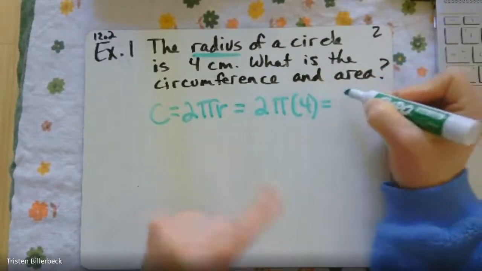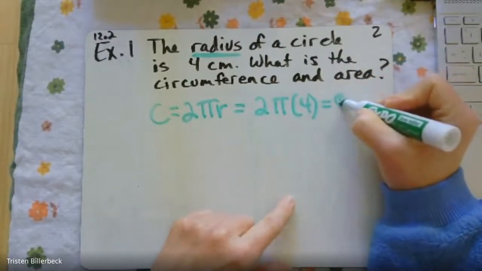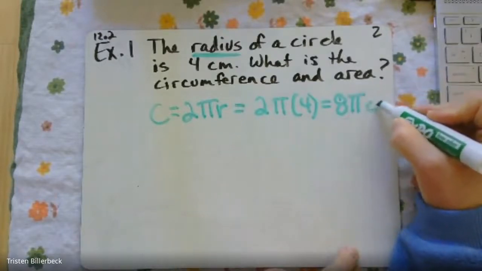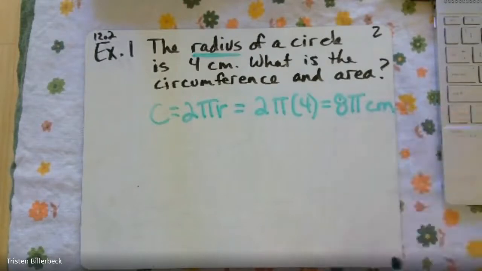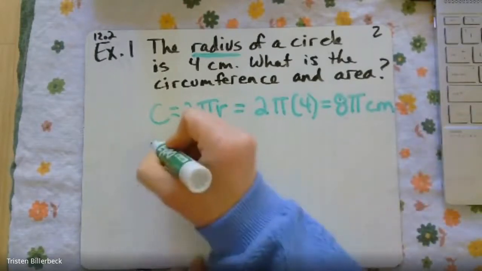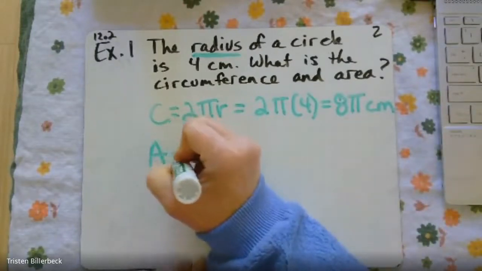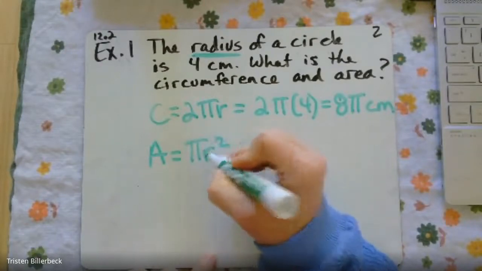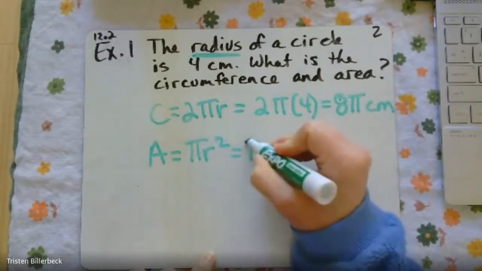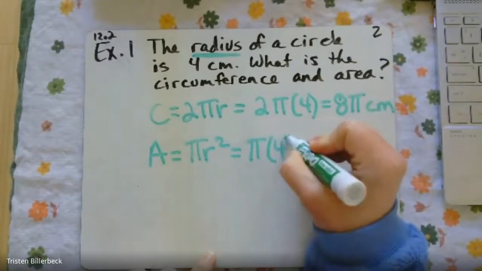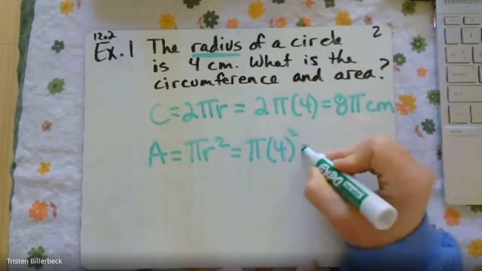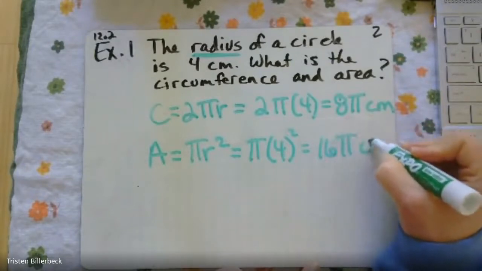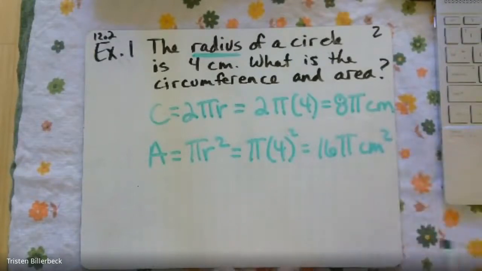So if we want to leave this in terms of pi, which many times questions ask you to do that, you just write 8 pi centimeters. And area would be pi r squared. So we have pi times 4 squared equals 16 pi, and we're going to say centimeters squared.